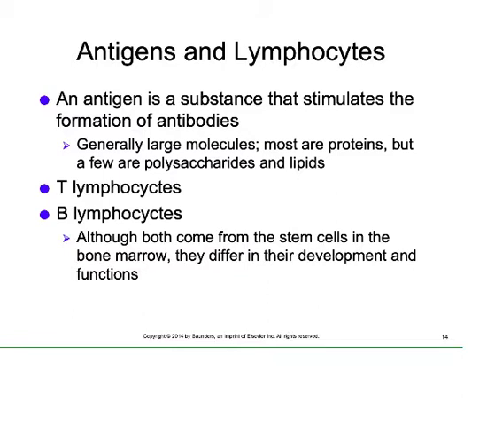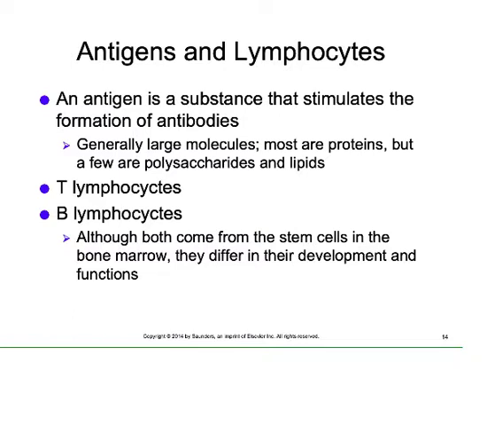we looked at specific immunity, and what we need to understand about an antigen is that it's a molecule or collection of molecules that identifies an invading organism to the immune system as not belonging to the body.